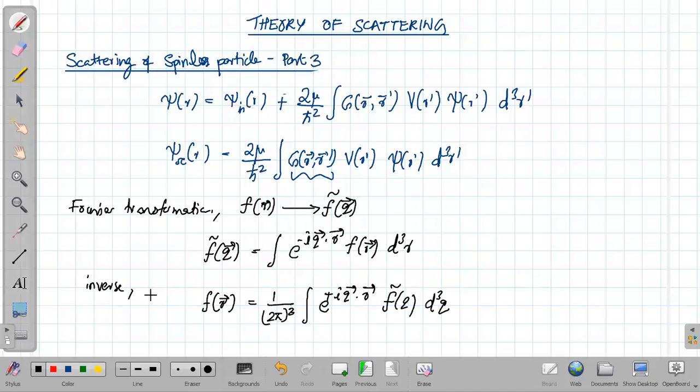This is called the inverse Fourier transformation. It is always possible to change our variable from the original basis to a reciprocal basis and vice versa. The dimension of q would be the inverse of the dimension of r, so that is why we call the q space a reciprocal space.